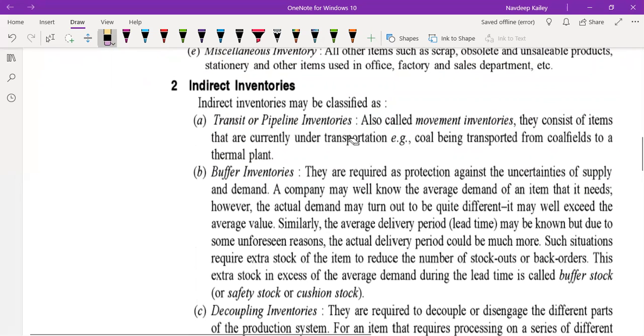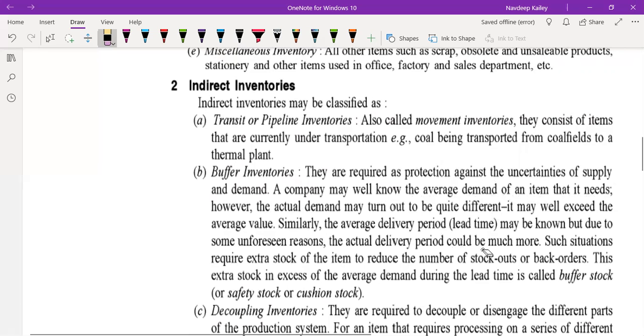The next is buffer inventories. They are required as protection against the uncertainties of supply and demand. A company may well know the average demand of an item that it needs. However, the actual demand may turn out to be quite different. It may well exceed the average value.